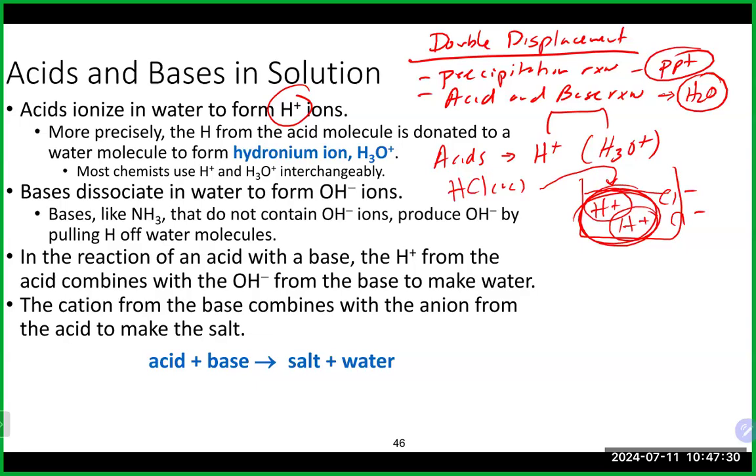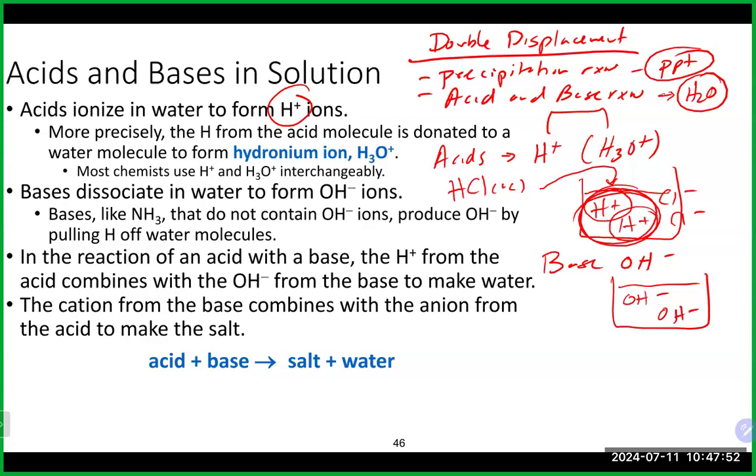Now, bases, on the other hand, typically have the ability to produce hydroxide ions, OH-, in solution. It's really the same sort of thing: the ability to produce free OH- ions floating around in water.